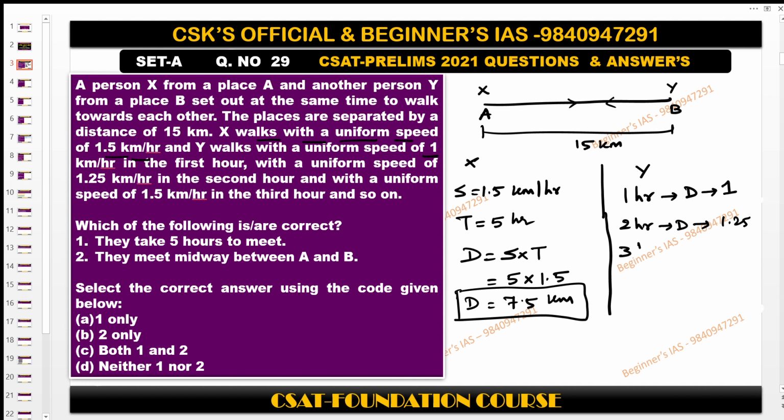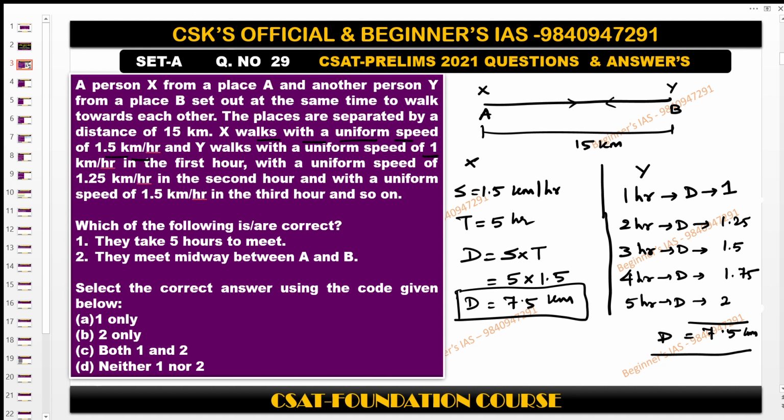Then third hour, d is equal to 1.5. Fourth hour, d is equal to 1.75. Fifth hour, d is equal to 2. So just check the distance covered by Y in 5 hours. Obviously 7.5 here also, therefore 7.5 kilometer.